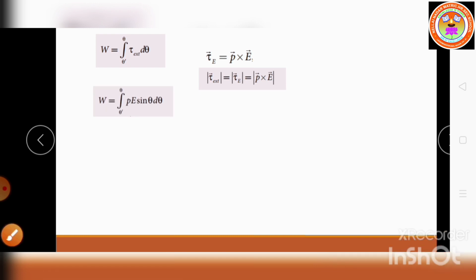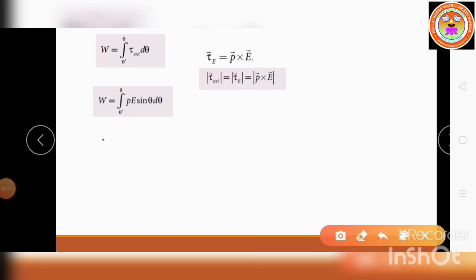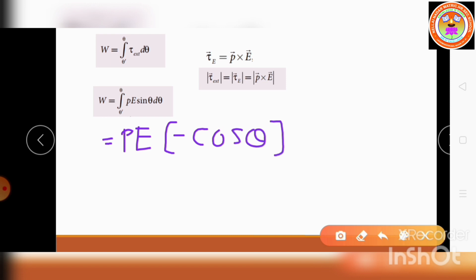So we will get the formula W is equal to integral from theta dash to theta of PE sin theta d theta. Take P common. Now the integral of sin theta is minus cos theta, with upper limit theta and lower limit theta dash.